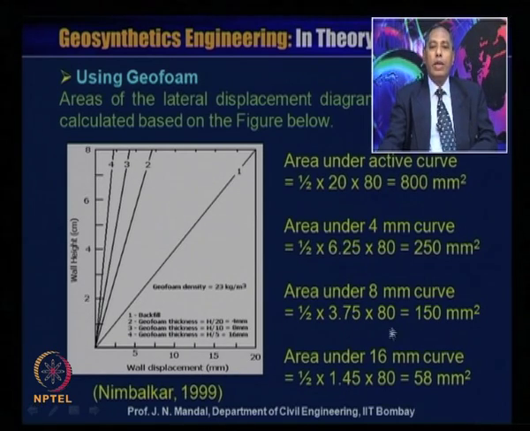So this will give 150 millimeter square. Now if you use 16 millimeter thickness of geofoam, that means this 4. So this length will be equal to 1.45. So half into 1.45 into 80 is equal to 58 millimeter square.